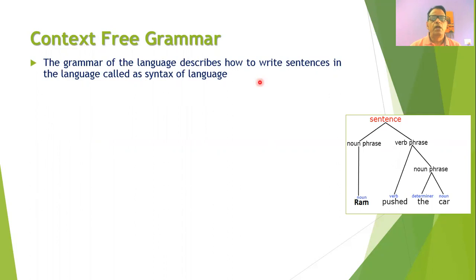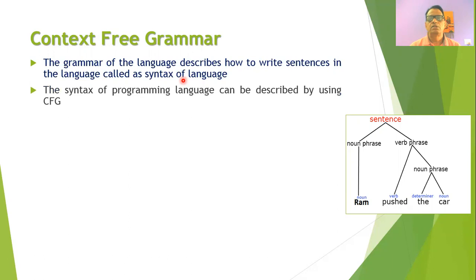The grammar of the language describes how to write a sentence in the language, and the grammar of the language is called the syntax of the language. Programming languages are special languages which are used to write programs whenever we want to do a certain job with the help of computers.